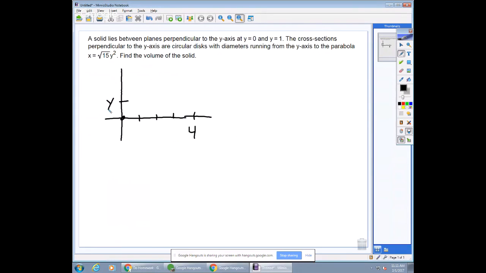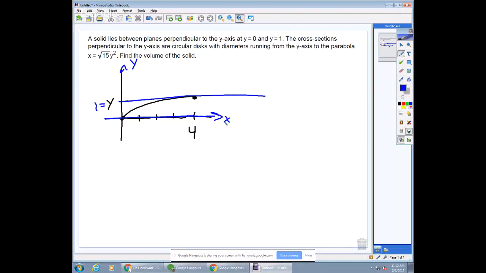So this is a sideways parabola, right? And so it's going to go something like that. And we're concerned about y equals 0, which is the x-axis, and y equals 1, right there. Y-axis, x-axis.